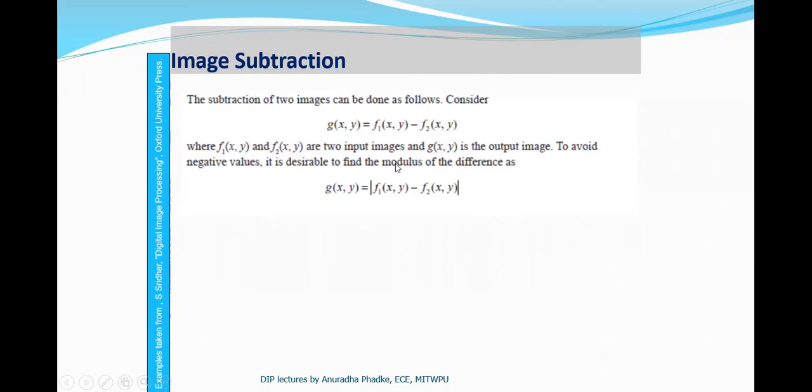Okay. So whenever we are interested in the amplitude of the difference, we can take the modulus of the difference. We can neglect the sign of the result and simply consider the modulus of the difference. So for image subtraction, wherever needed, we can consider the modulus of F1(x,y) minus F2(x,y), because when we consider simply the magnitude part, it becomes easy to display the difference as an image.